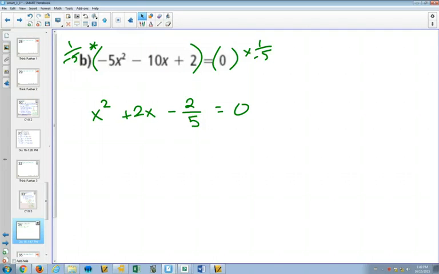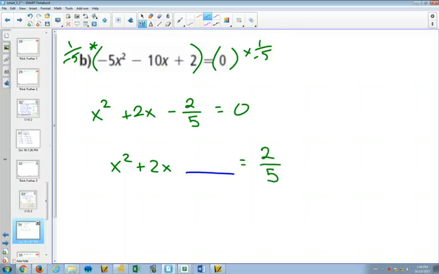So this one has a fraction. But we solve it the same way. Now that we've just got an x squared and a 2x, we get those by themselves on one side with a space. Add 2/5 to both sides, and a space.